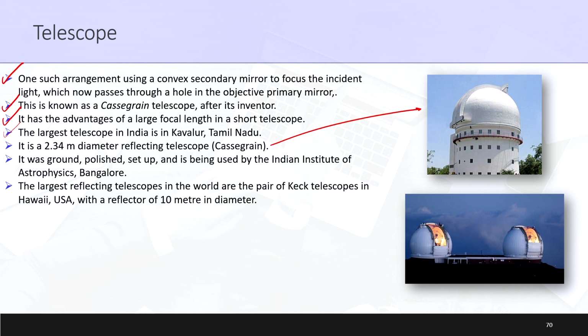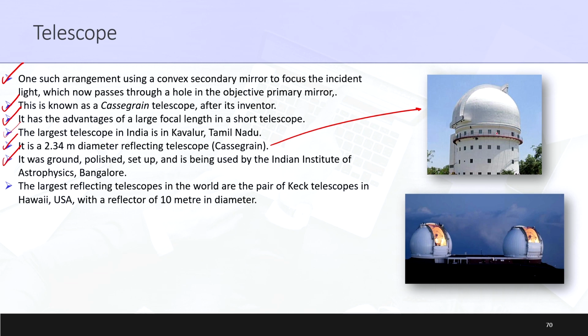Cassegrain is an arrangement where a convex secondary mirror focuses the incident light, which passes through a hole in the primary mirror to the eyepiece. It was a ground polished setup and is still used by the Indian Institute of Astrophysics, Bangalore.